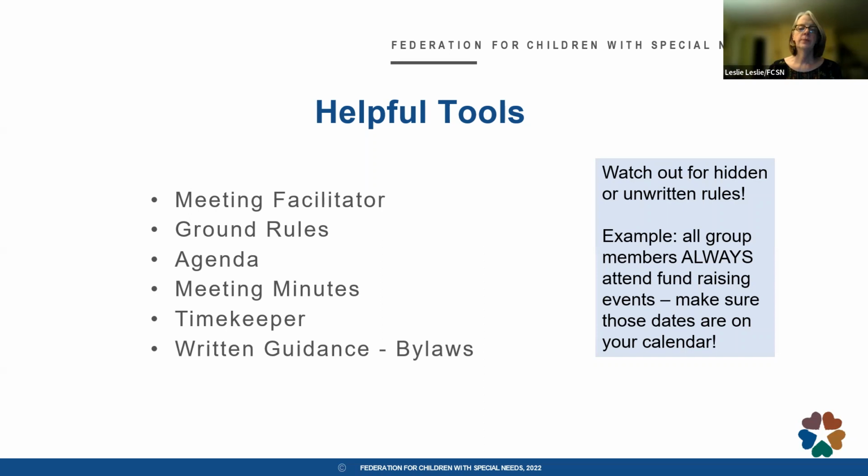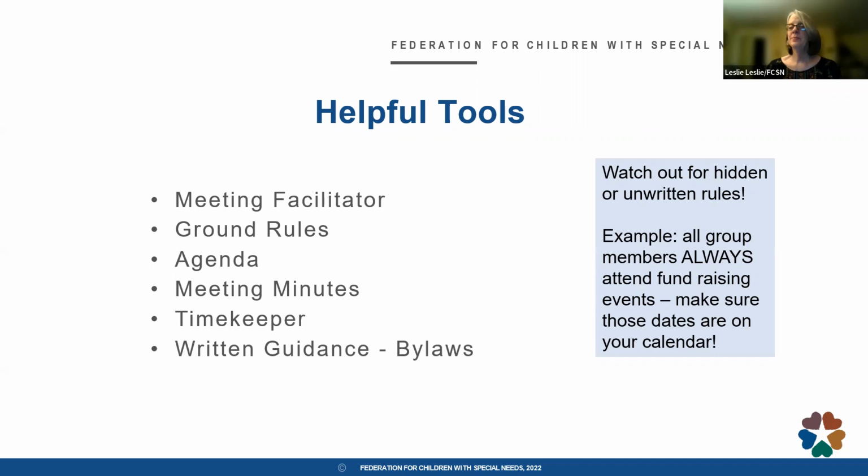Often your written guidance might be your bylaws, which would help define the roles of people at the meeting, or maybe how the meeting would operate, how you take votes. So those are some of the tools, but I also want people to be aware that there might be some hidden or unwritten rules.